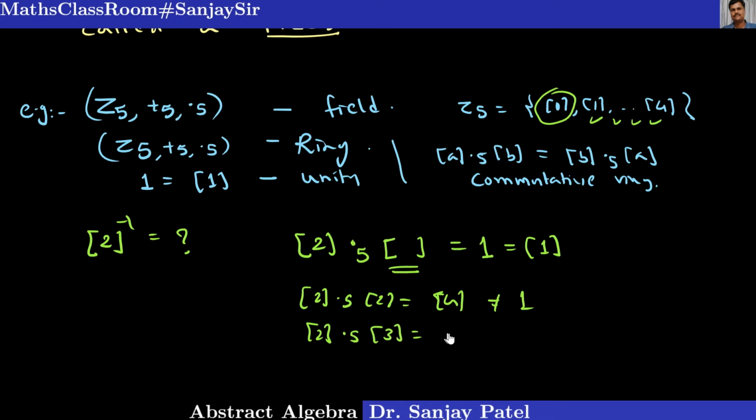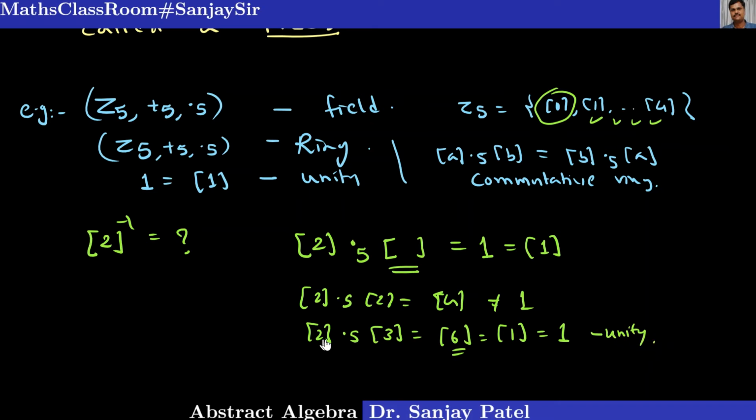So 2 ·5 3 is 6, and 6 is congruent to 1 modulo 5. We are in the ring Z5, so we have to divide this result by 5, and whatever the remainder we get, that we are writing here. So this 1 we are getting in this case, that means 2 into 3 is equal to 1, unity element. This is unity element.